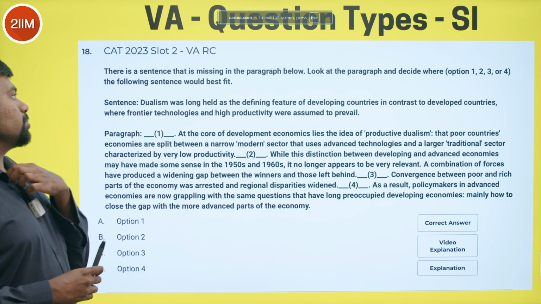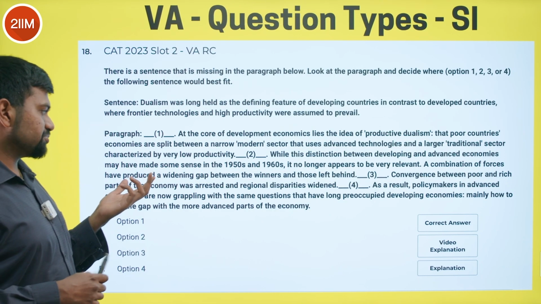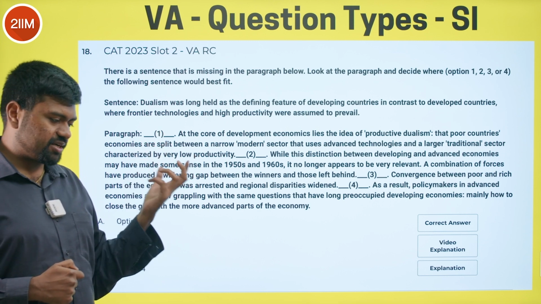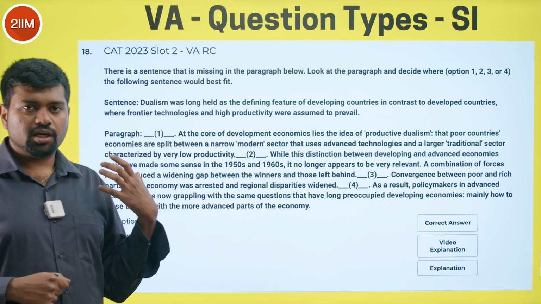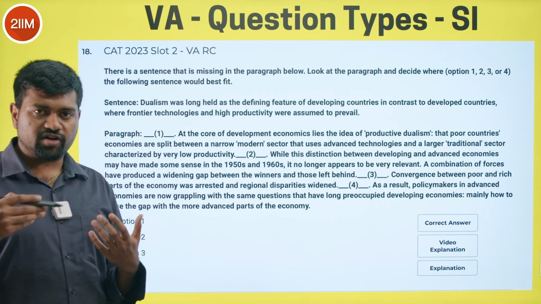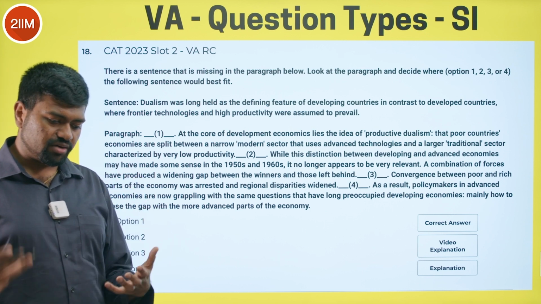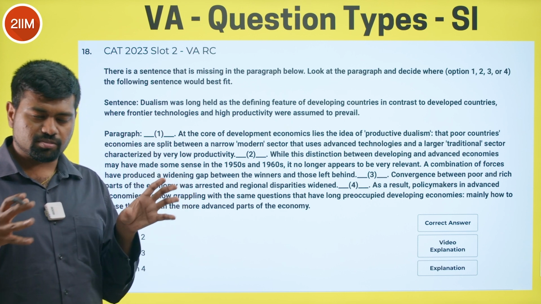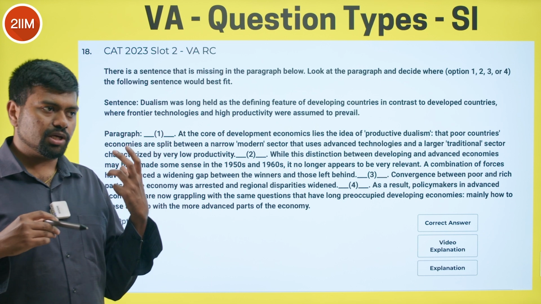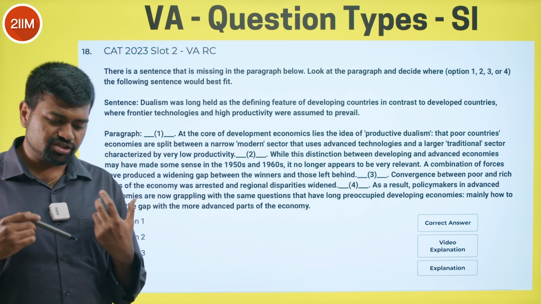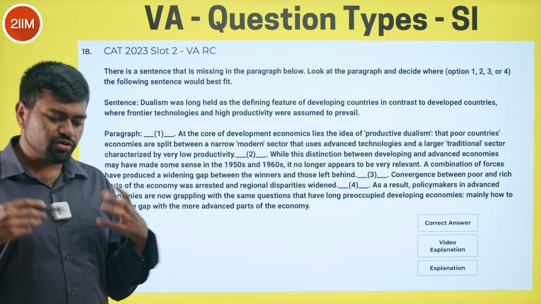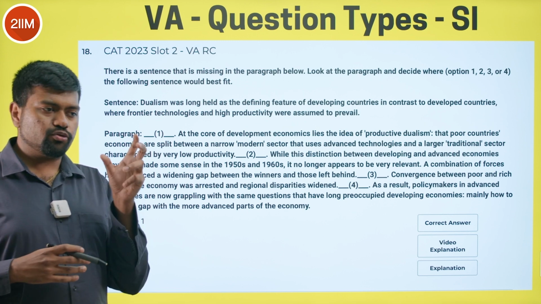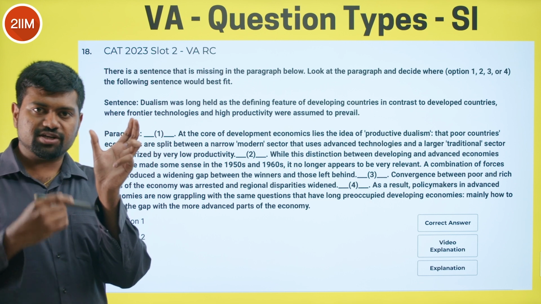Okay. Now these are sentence insertions, which test you on your comprehension. If you have read a lot of diverse articles, if you get comfortable with the convention that is followed, I know what I'm saying doesn't exactly make sense, but if you have read enough articles, you can predict what the next line should be.